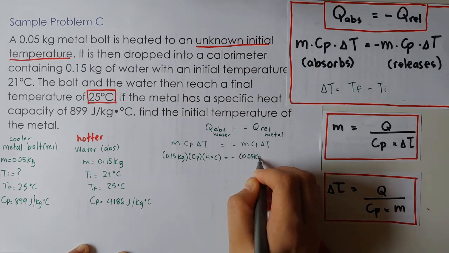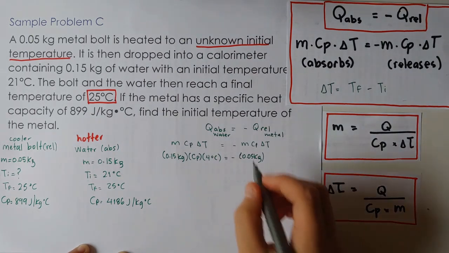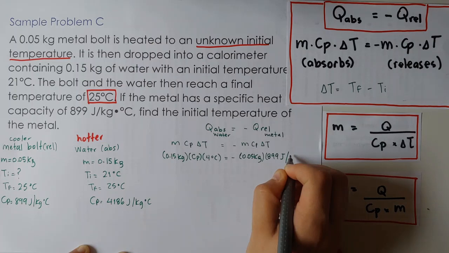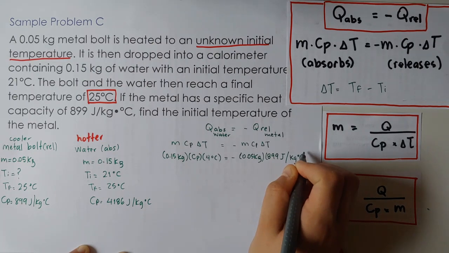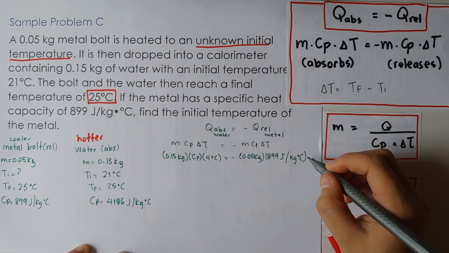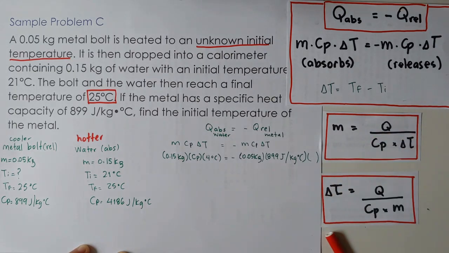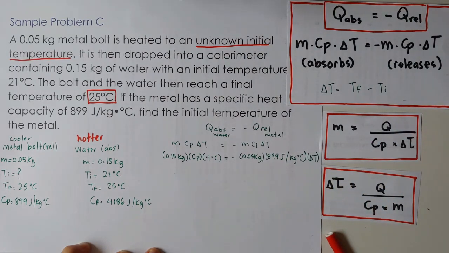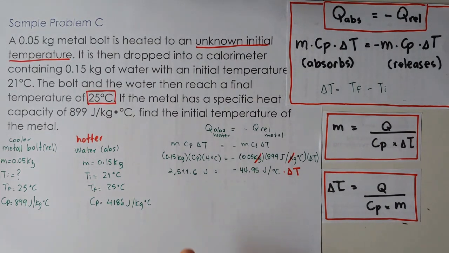Now here you have negative 0.05 kilogram, the Cp of the metal, that is 899 joules over kilogram Celsius, and the delta T of the metal, we don't know it. Okay, so it's delta T. We need to isolate for it. So you perform the math in both sides of the equation.